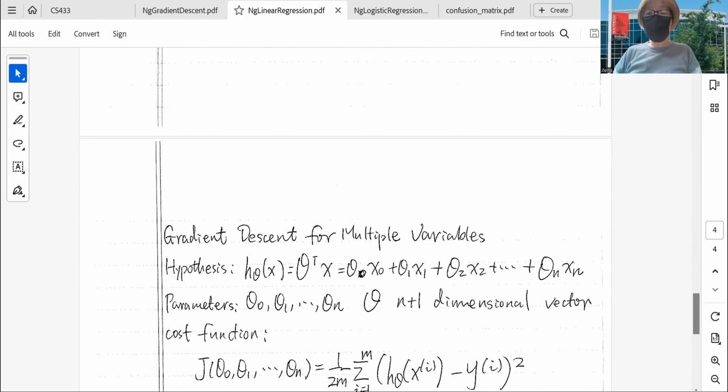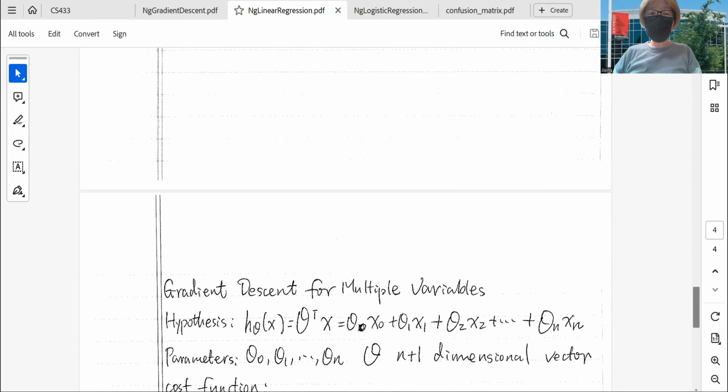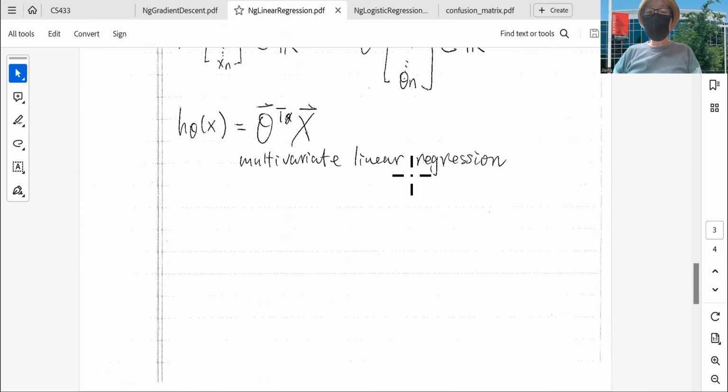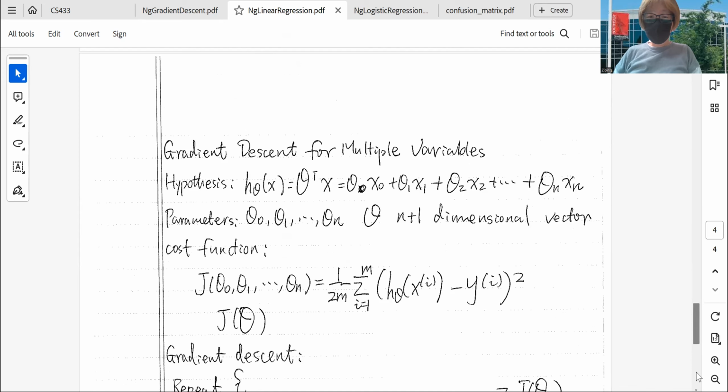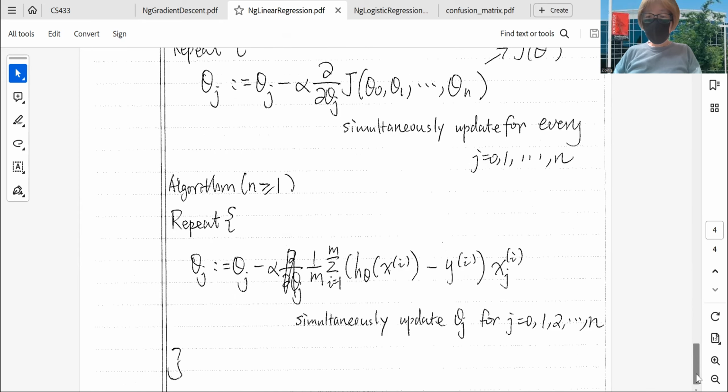Then it's called multivariate linear regression. So anyway, it's a similar idea: you can apply gradient descent to train linear regression.